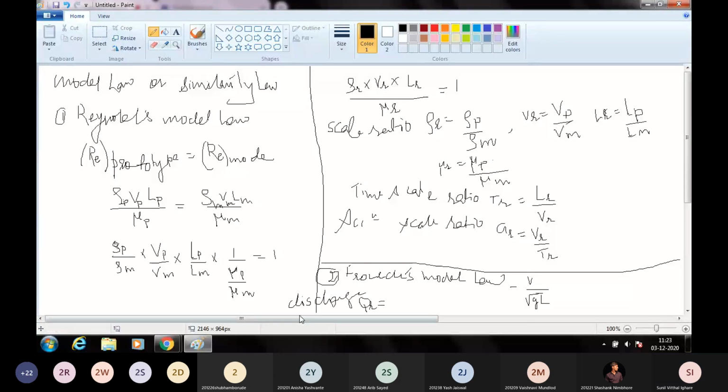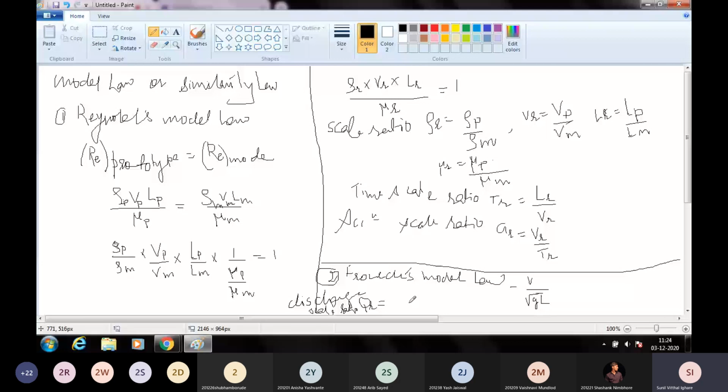If you see any term like force scale ratio, discharge scale ratio, density scale ratio, or viscosity scale ratio, you have to simplify it in terms of scale ratios only.